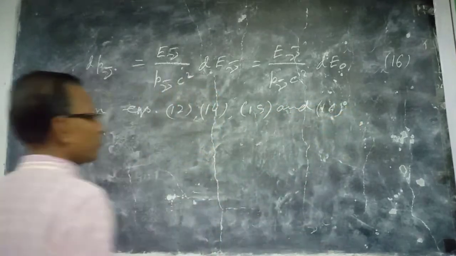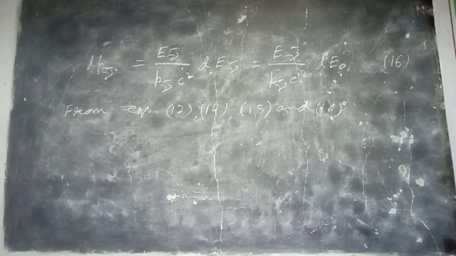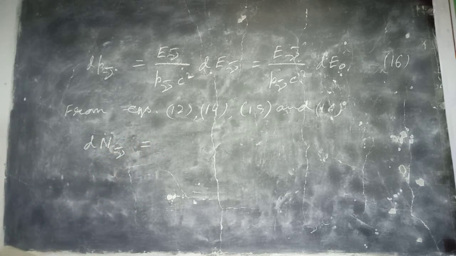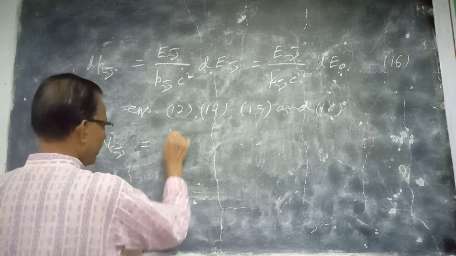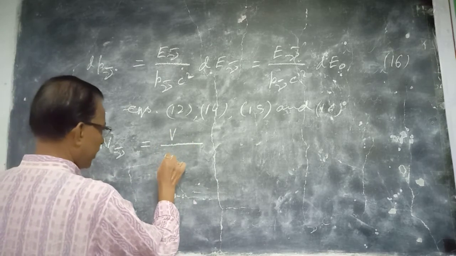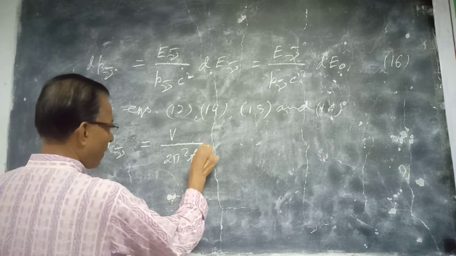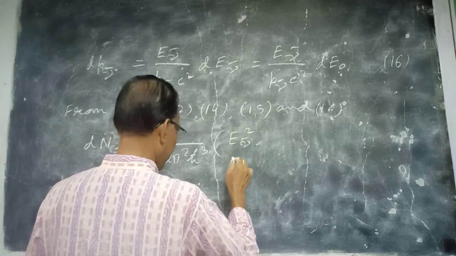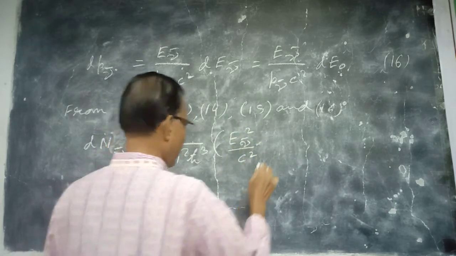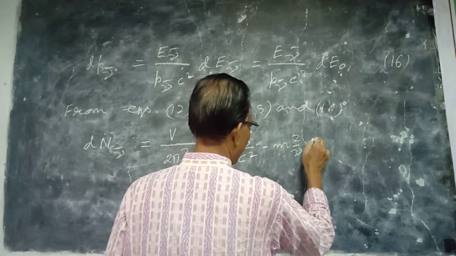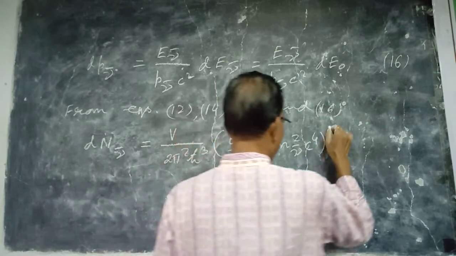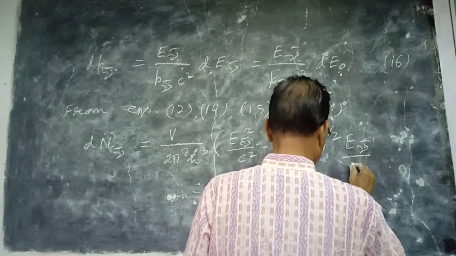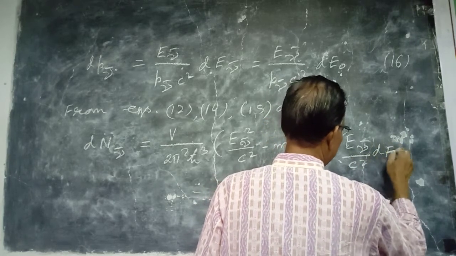We use all these, combine these equations together, then we get dn nu bar, the energy density of the neutrino states, that is V by 2 pi square h cross cube, E nu bar square by c square minus m nu bar square c to the power 4, to the power half, E nu bar by c square dE0.